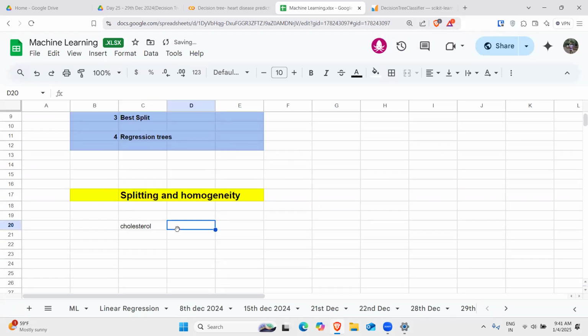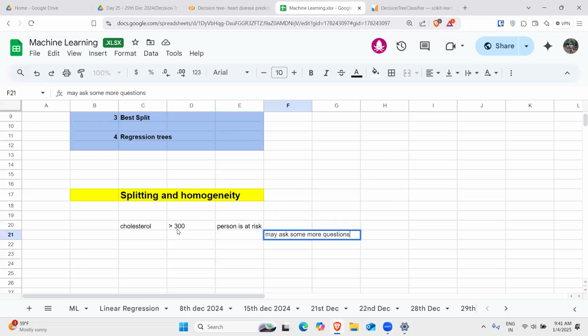If, let's say, it is higher than 300, the doctor can be pretty sure that the person is at risk, right? Then he may ask some more questions to confirm his predictions even further.